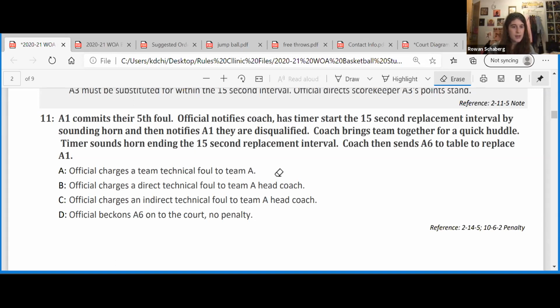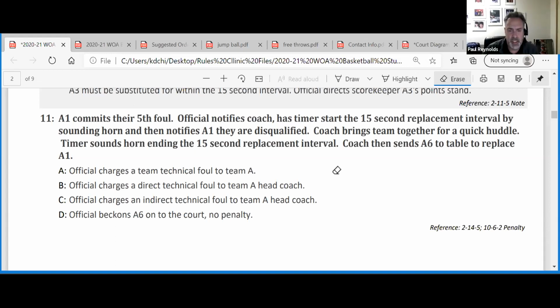I would say, let's see. This is one of those that you just have to know. Okay, I think, is it A, that it's a technical foul? Maybe. Somebody else?